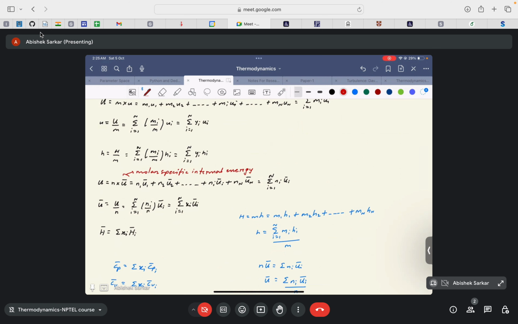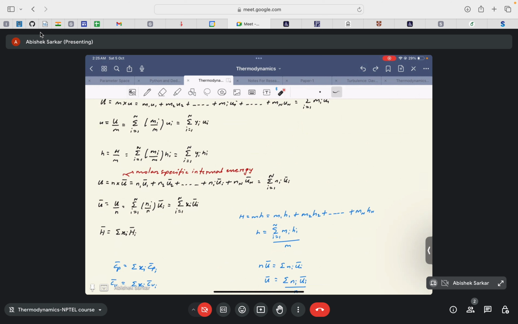So capital U can be given as N1 into U1 bar plus N2 into U2 bar up to Nn into Un bar. In the form of summation, we can write capital U as the summation of Ni into Ui bar, where i varies from 1 to n.